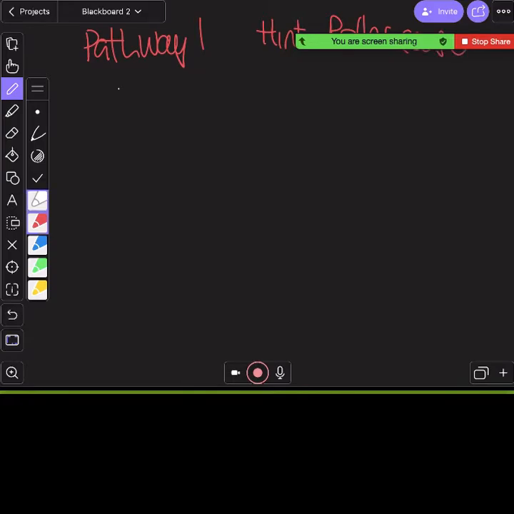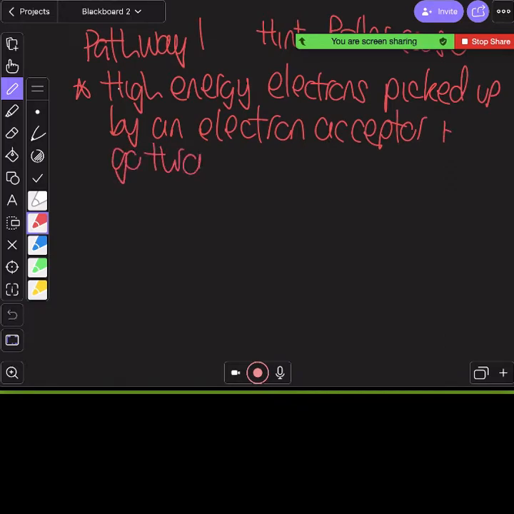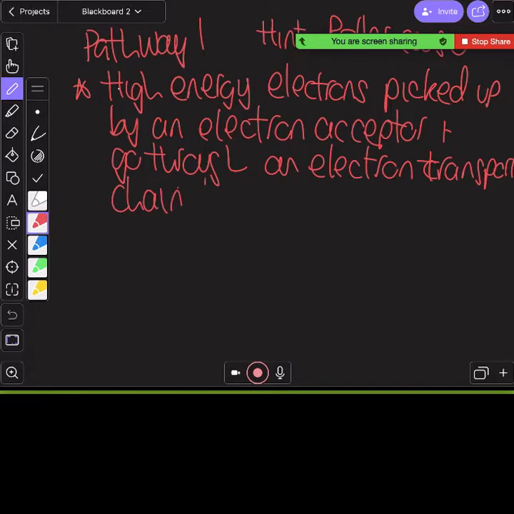and the blurb that we have is that high energy electrons picked up by an electron acceptor and go through an electron transport chain. Before returning back to chlorophyll.